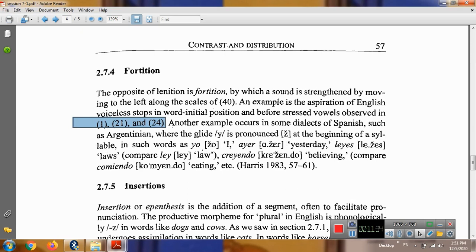In a word like yo, which turns to jo, we have fortition, because at the beginning of the word the glide sound turns to the fricative sound. Ayer, which turns to azher, means yesterday. Days turns to leisure. And here you can see other examples.